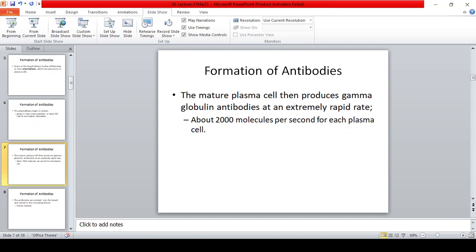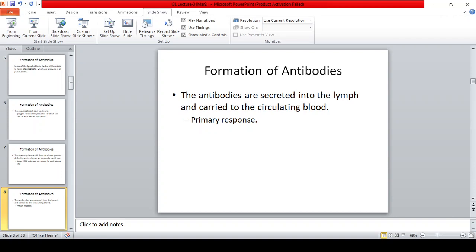It's the mature plasma cell which then produces the gamma globulin antibodies at an extremely rapid rate, about 2000 molecules per second for each plasma cell. Then these antibodies are secreted in the lymph, and they are carried to the circulating blood.